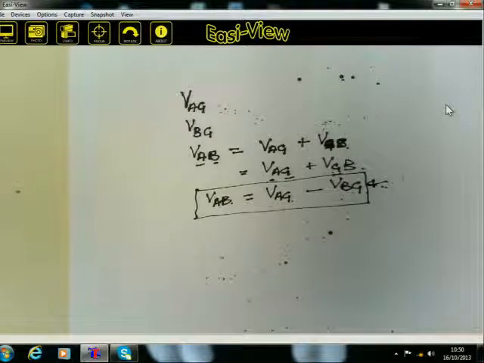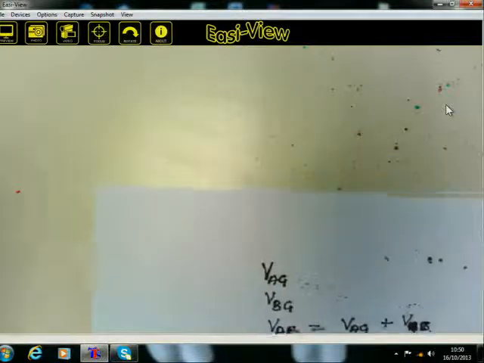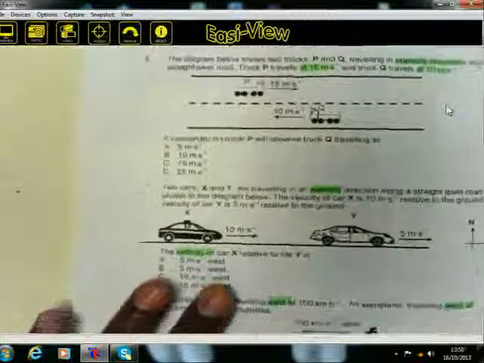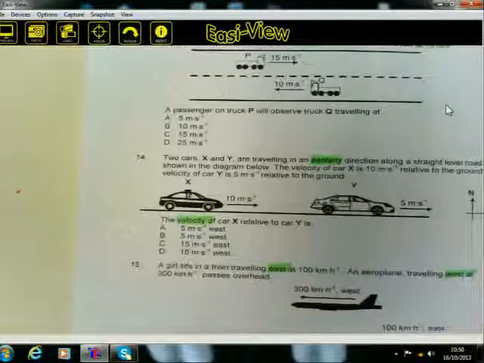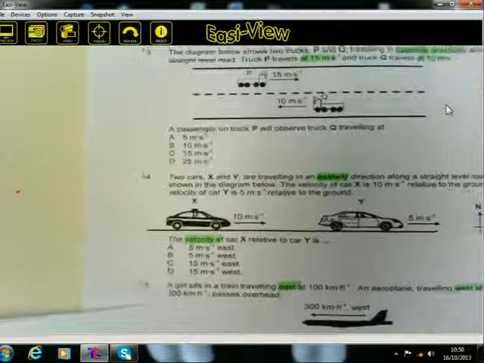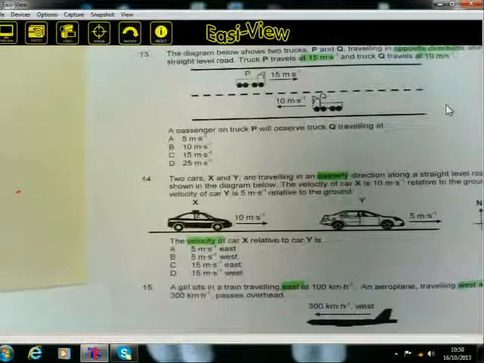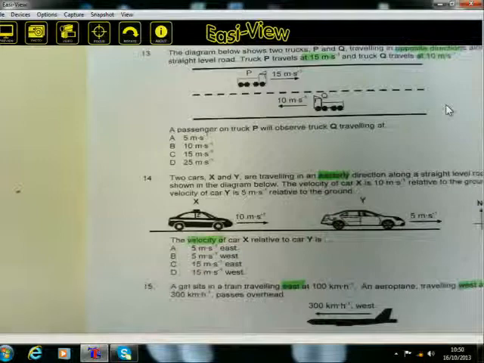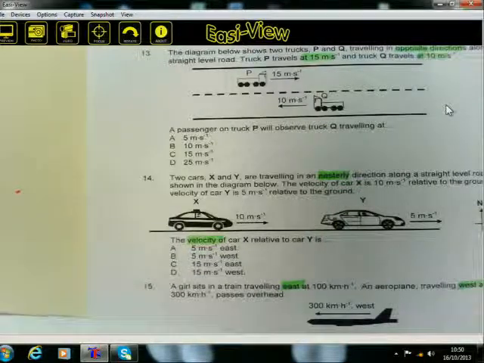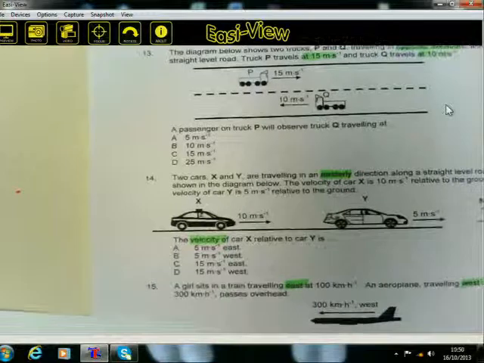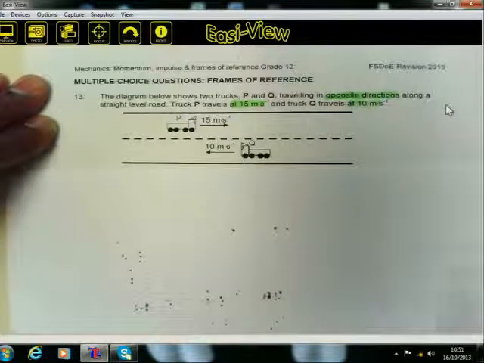With that, it means we are ready to start with questions. I've picked a few questions here on frames of reference and relative velocity. Don't worry that it is number 13.